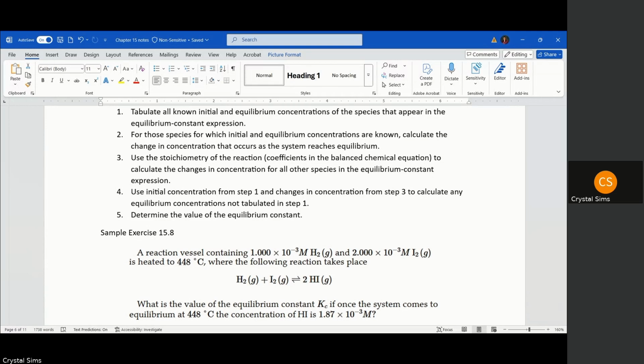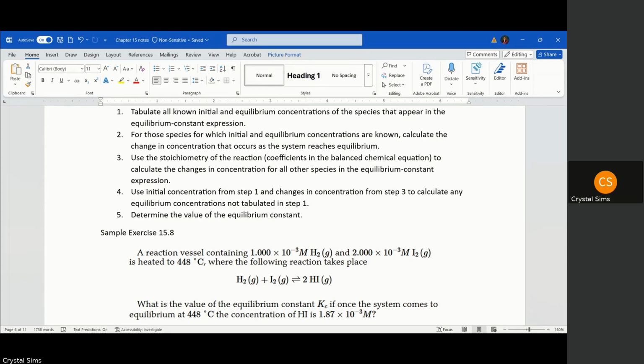And we heat that up, and that produces 2 hydrogen monoiodide gases. Okay, 2 moles of that. So they want to know what is the value of the equilibrium constant K sub C if, once the system comes to equilibrium at 448 degrees Celsius, the concentration of HI is 1.87 times 10 to the negative 3 molar.